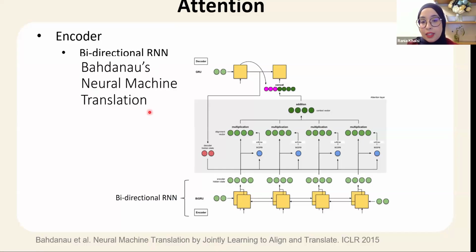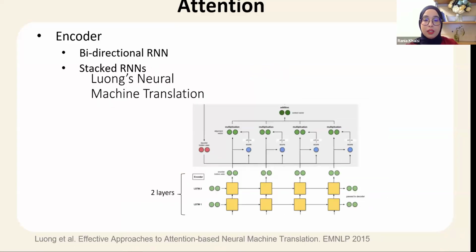The idea is that at the encoder stage, we can use this bidirectional RNN. So the encoder relies on this bidirectional structure while integrating the attention mechanism. This is just related work.